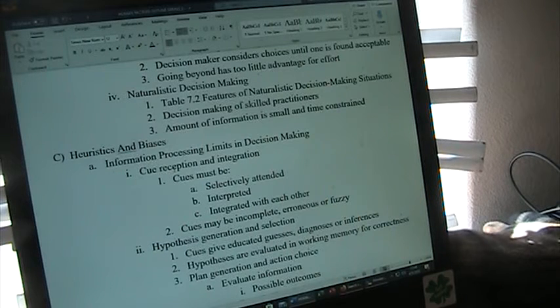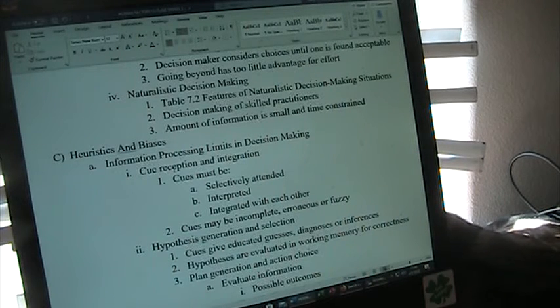All right, so what are the characteristics of these naturalistic decision-making situations? Well, one is that it's a very ill-structured problem. Right? And the example they give is that there's no single one best way of fighting a forest fire.